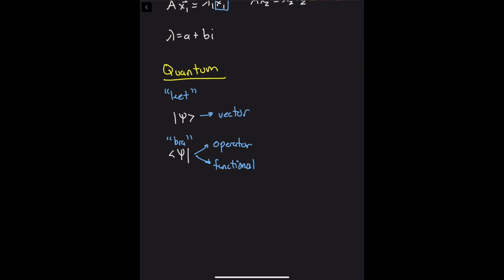It's not necessarily a vector unless it looks like this one. But instead of doing A dot B to define the dot product or the inner product, now we define the inner product as something that looks like this. And similarly, the outer product would look something like this.